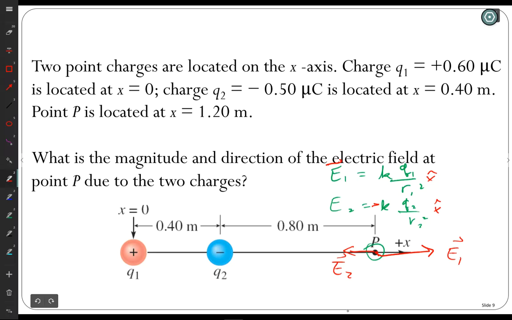So then my total electric field at point P is equal to K Q1 over R1 squared minus K Q2 over R2 squared in the plus x direction. If the thing in parentheses is negative, then it's going to be in the minus x direction, right?